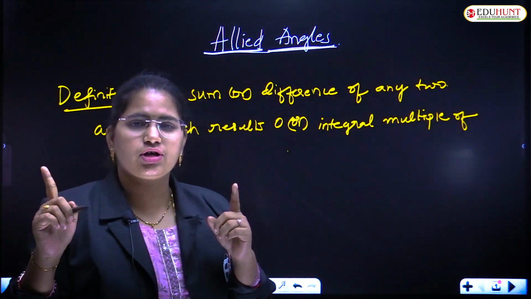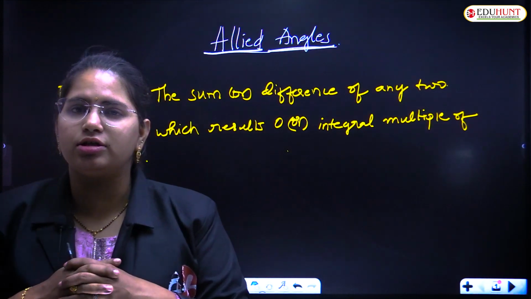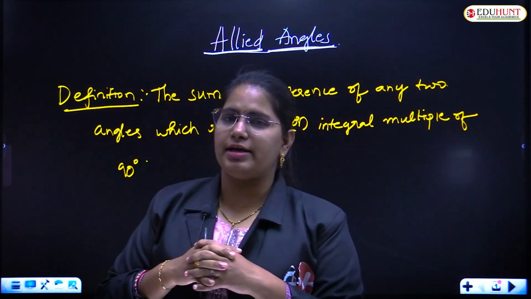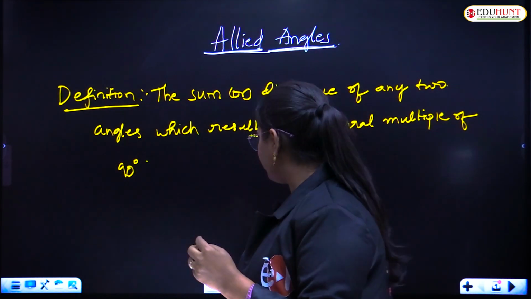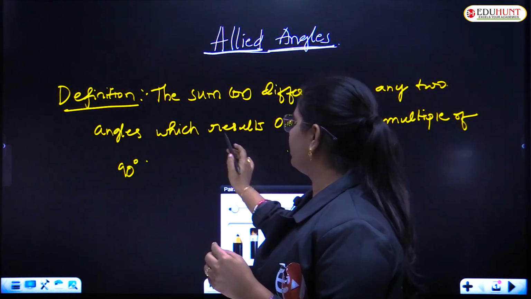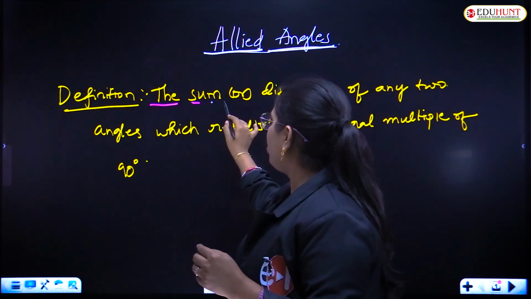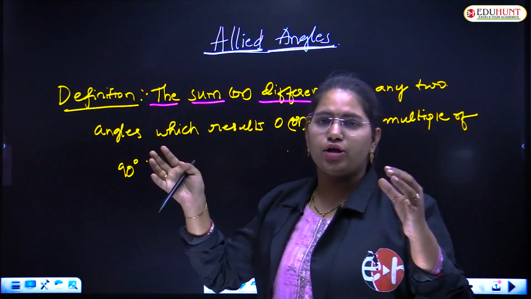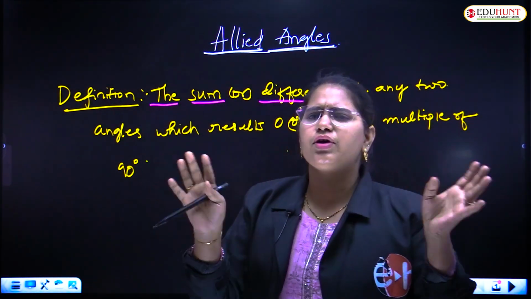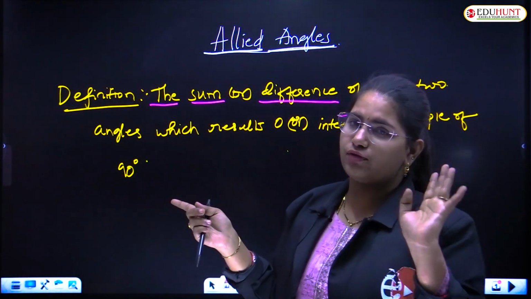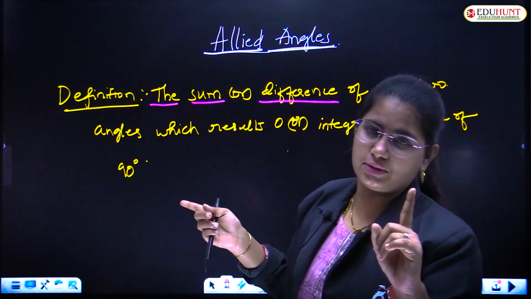So, the concept we are learning today is allied angles. How have I defined it? The sum or difference. You can do the sum or you can do the difference, either one of these, not both at the same time.